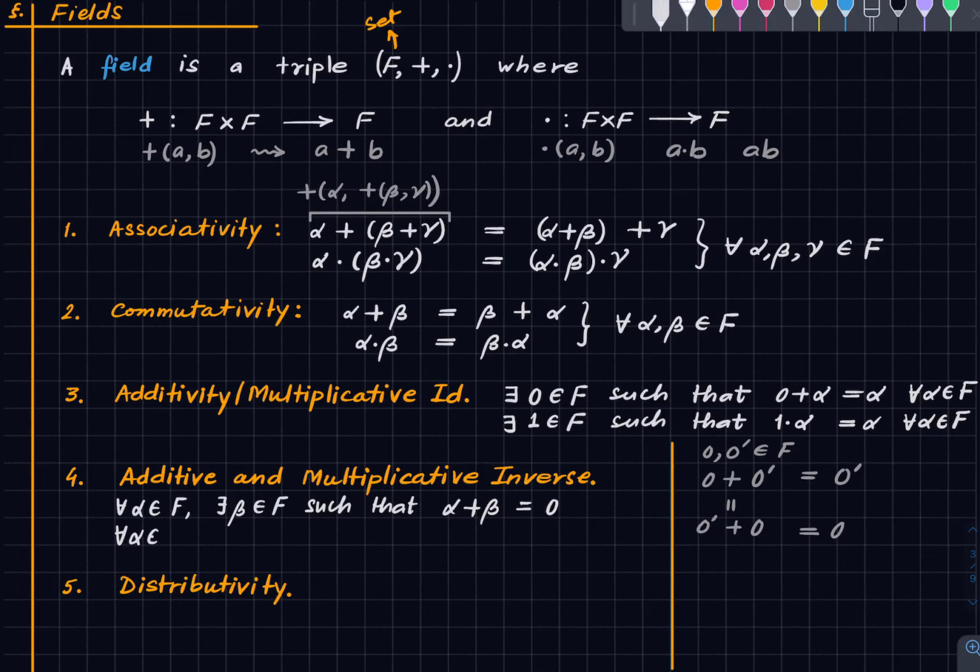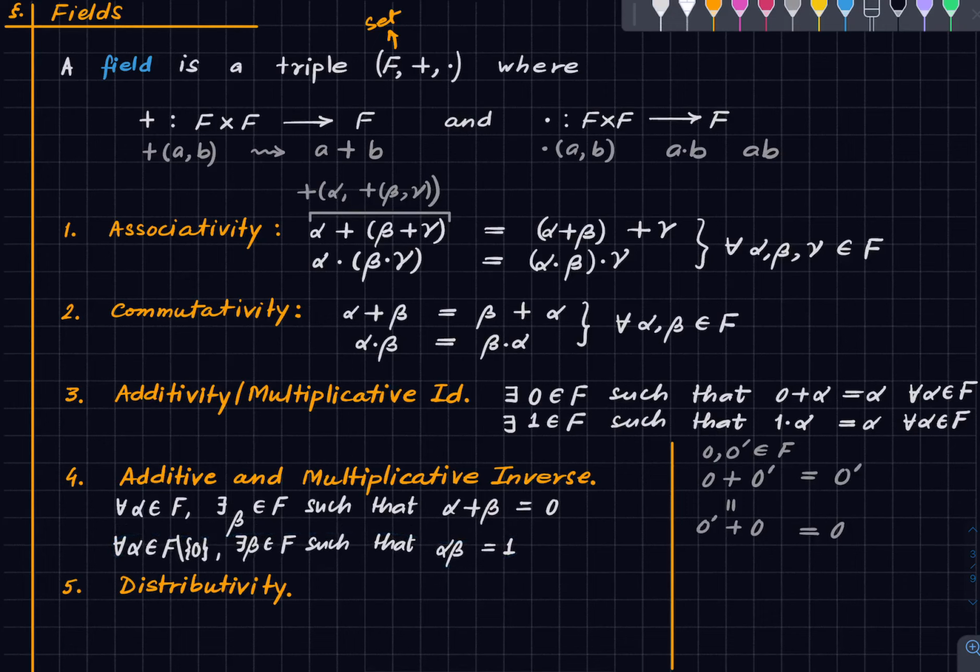It says that whenever you have a non-zero element, so this additive identity is also called 0 for obvious reasons, whenever we have a non-zero element, there is some beta such that this is equal to 1. So if you multiply, you get the multiplicative identity. Okay?